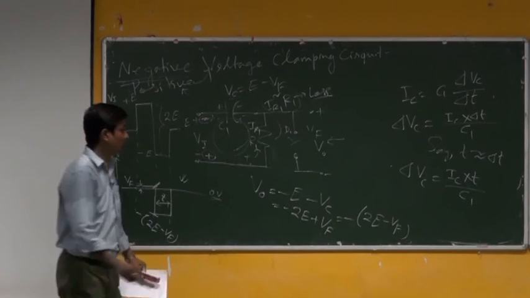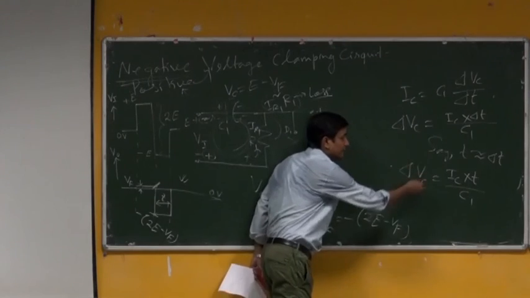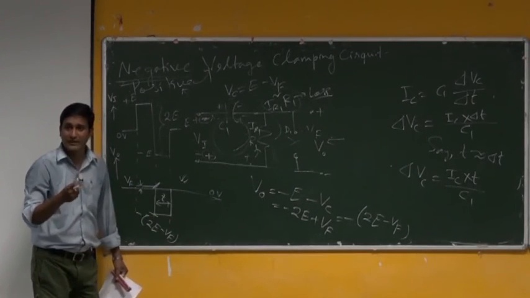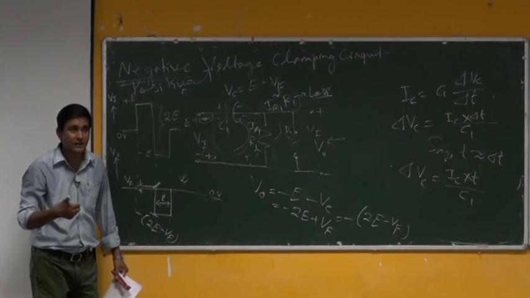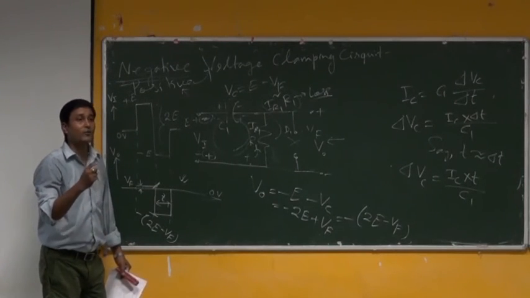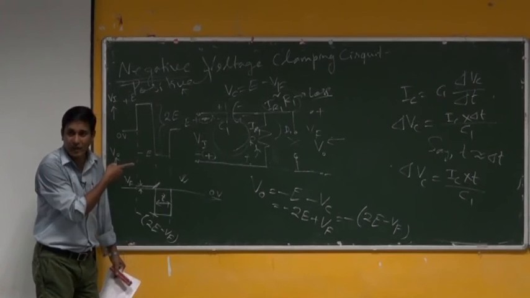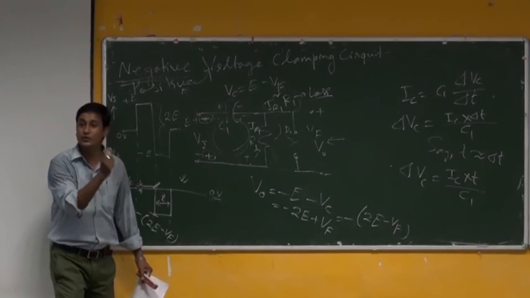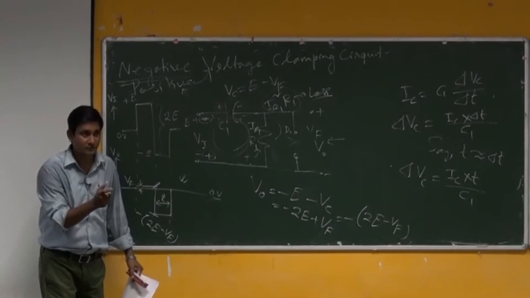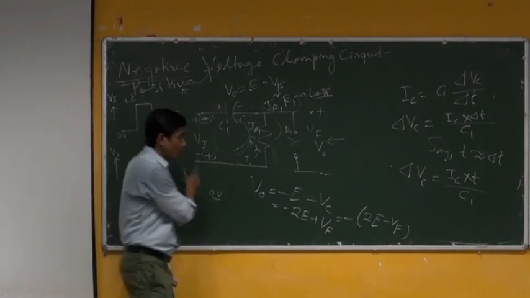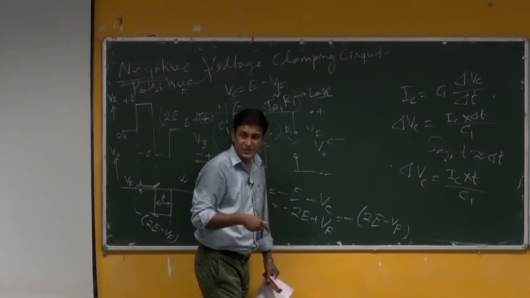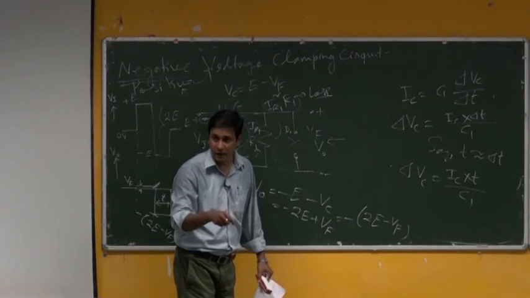Okay. Now, to know delta Vc, what does delta Vc mean? Change of voltage across the capacitor. At what time? Delta t or t. That means the time for which the capacitor was supposed to keep the voltage. That is not allowed, because one resistor is there through which it is getting discharged and it is slowly going down.